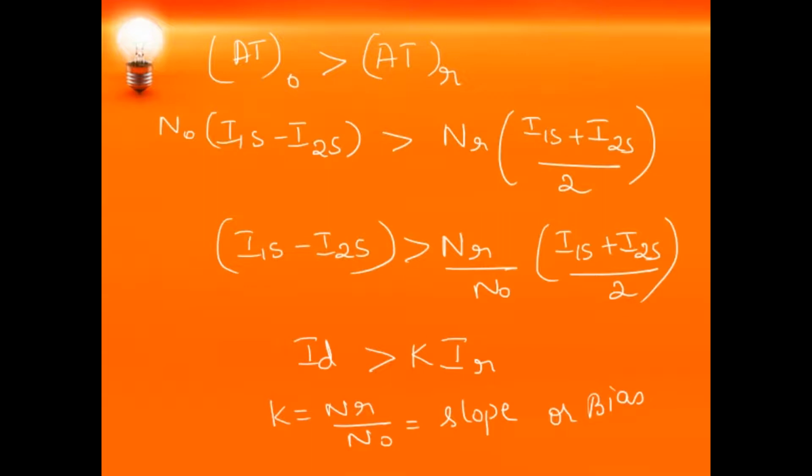The relay will be on the border of operation when I1S minus I2S is equal to NR by N0 into I1S plus I2S by 2. So the ratio of the differential current ID to the restraining current is nothing but a fixed percentage.